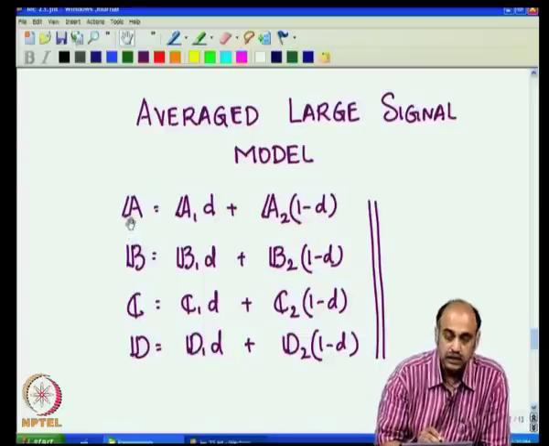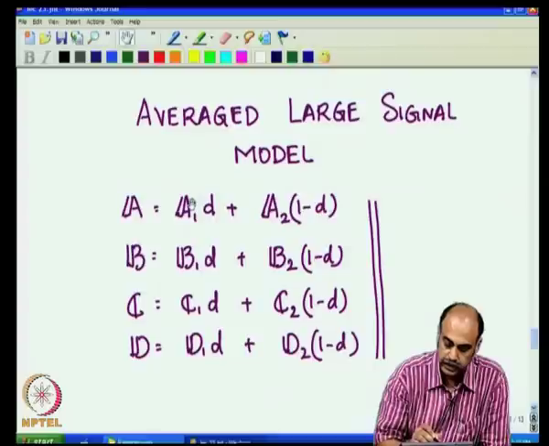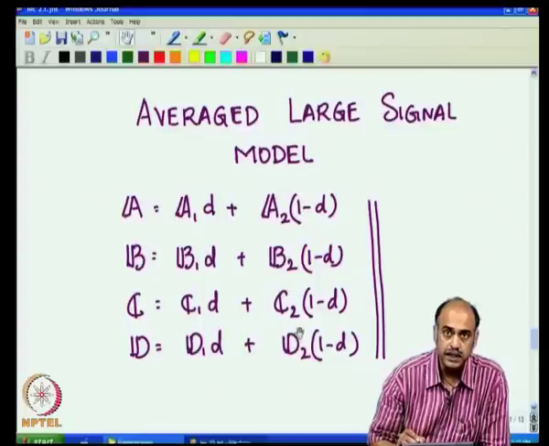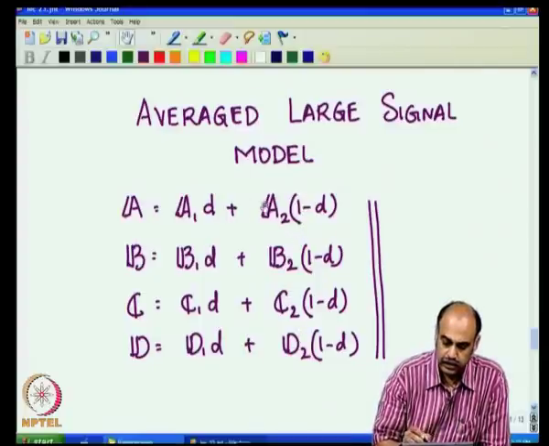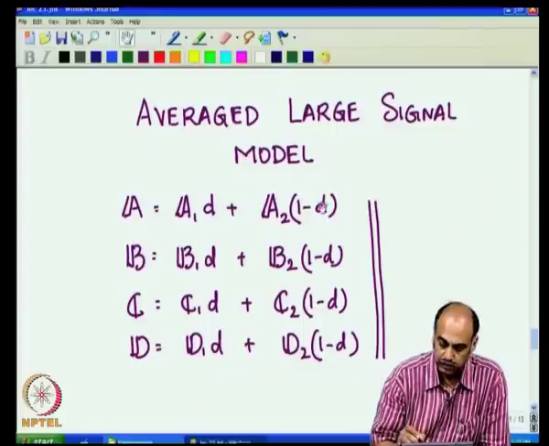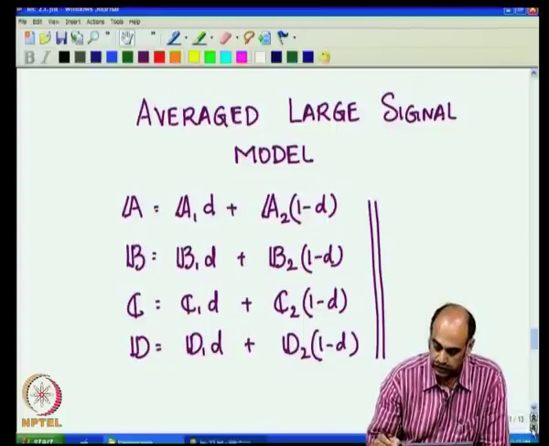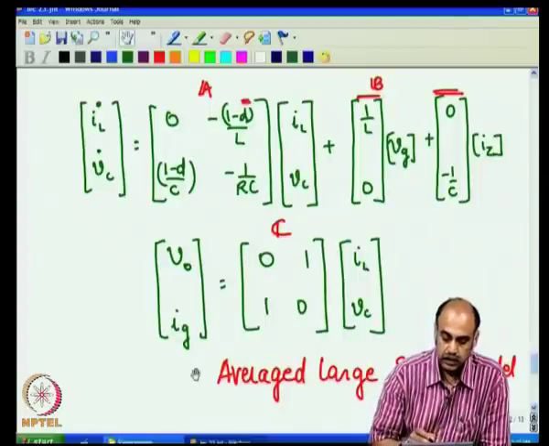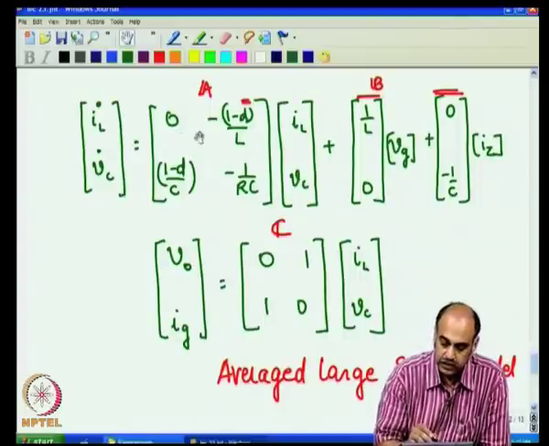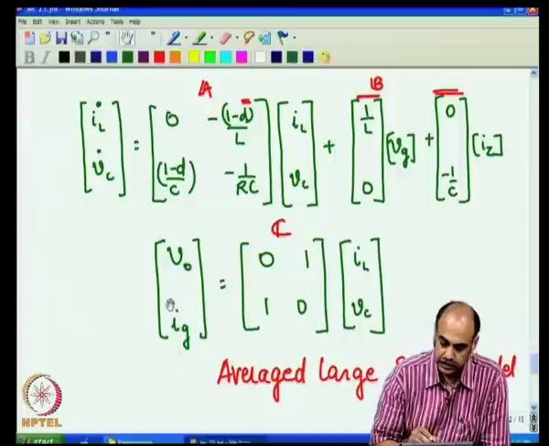So, the average large signal model is obtained by combining the state equations and the matrices obtained for the DTS period and that obtained for the 1 minus DTS period, and they are time averaged A1 into D plus A2 1 minus D, so on and so forth for all the matrices. And then based on that we obtain the averaged large signal model, which is like this.